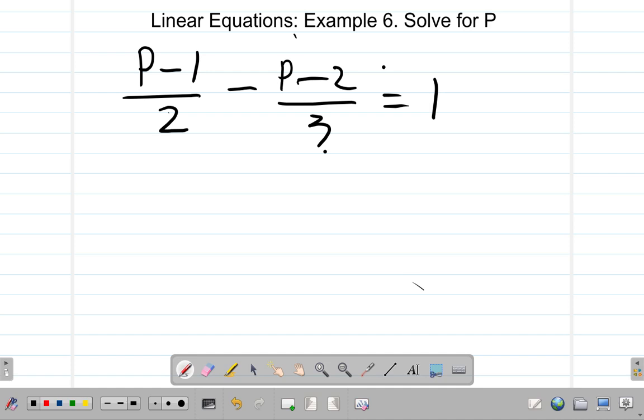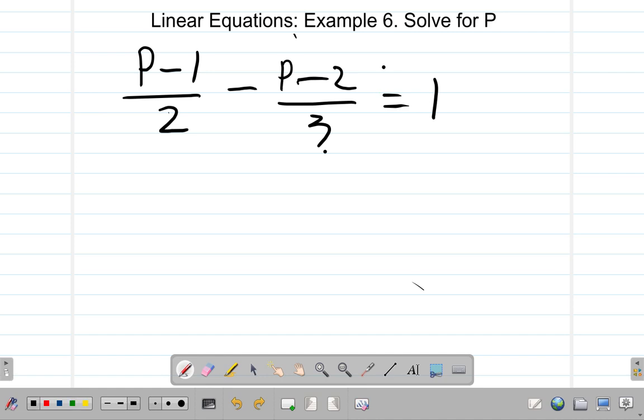Just multiply by 6. 2 by 3 is 6. If you multiply this by 2 by 3, 2 would cancel. And if you multiply this by the same 2 by 3, 3 would cancel itself. So I just want to do that to get rid of the fractions.